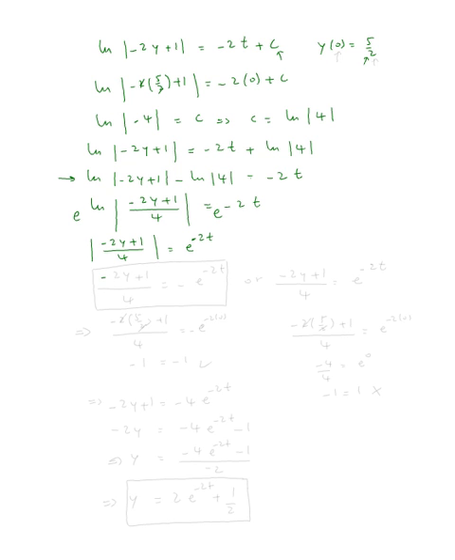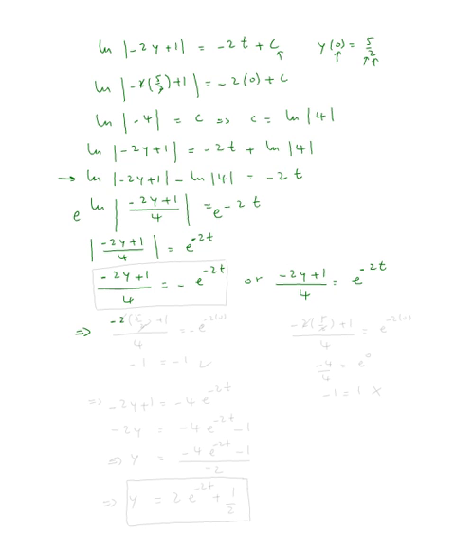Now this means negative 2y plus 1 over 4 is equal to minus e to the negative 2t, or plus e to the negative 2t. Let's see which one. One of them will be the solution when t is 0, y is 5/2. So let's check the first one.